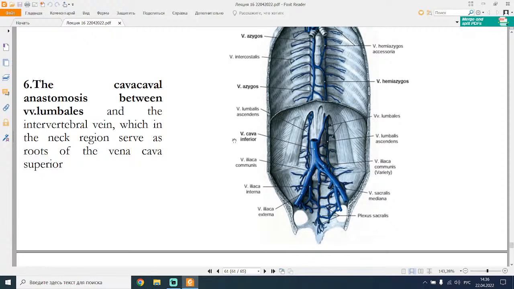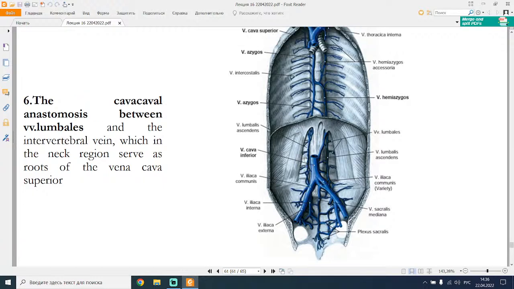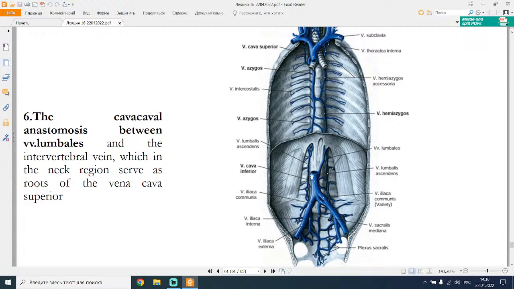The cava-caval anastomosis is between vena lumbalis and the intervertebral veins.